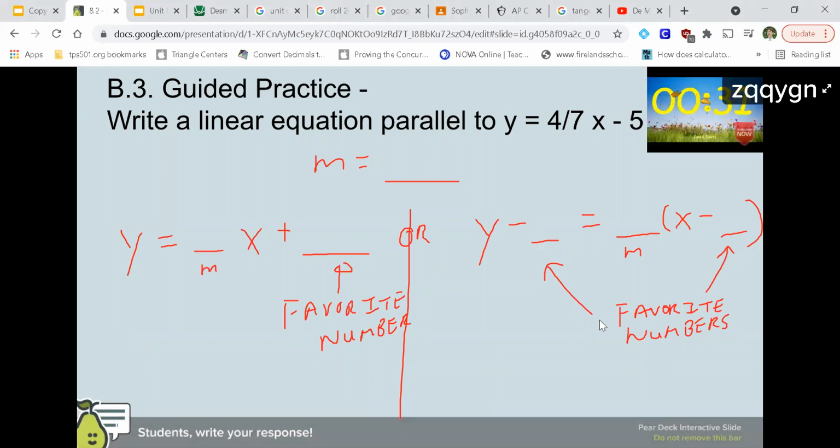I'll walk around. If you're stuck, let me know. That looks good. What is our slope? No, yes, that part is your favorite. But what is it? There you go.